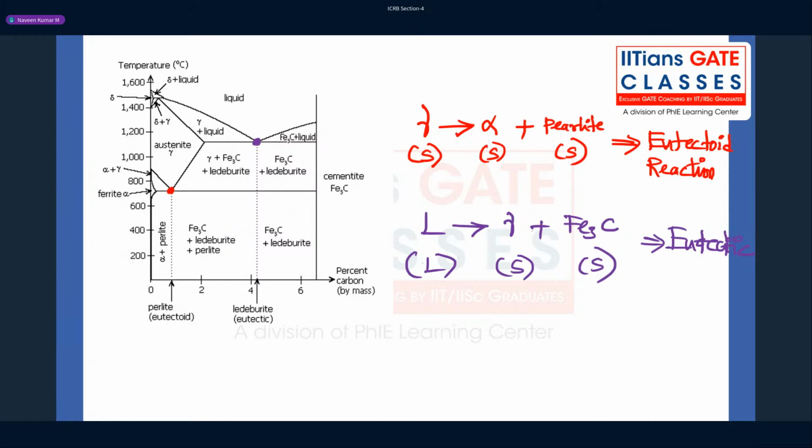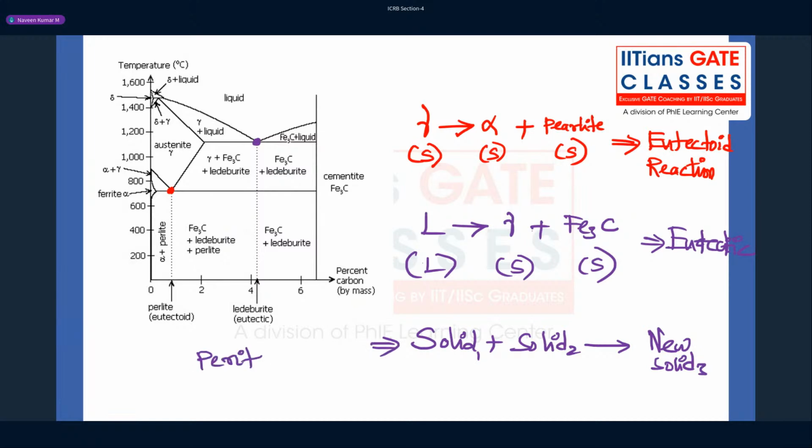And there is one more reaction, that is peritectoid reaction, where solid 1 plus solid 2 gives rise to a new solid. This is the peritectoid reaction.